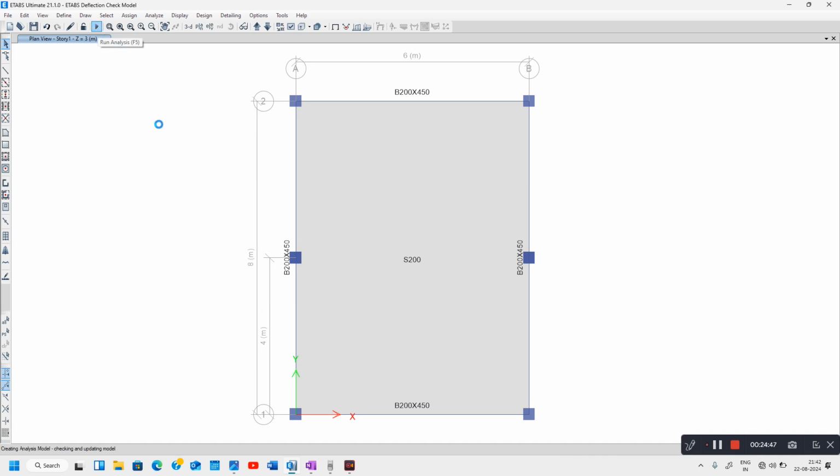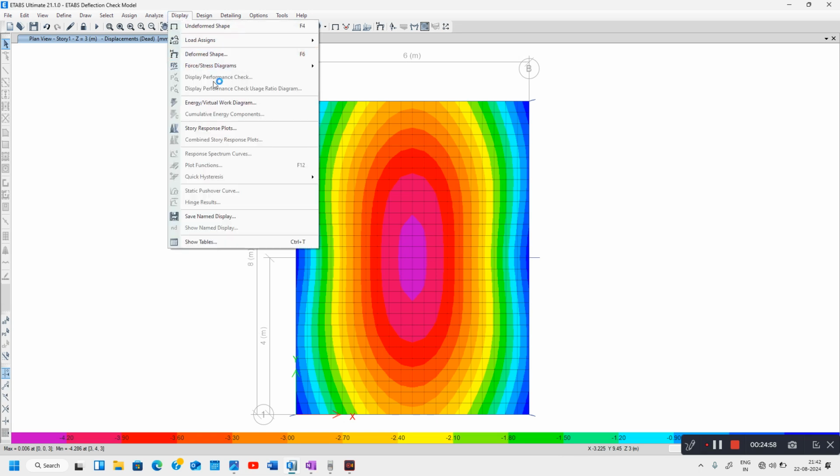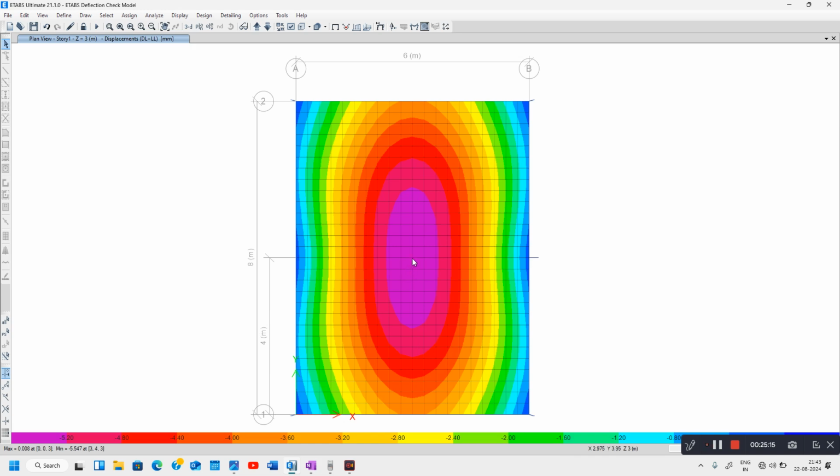Run analysis. Go to display, deformed shape. In combination, select dead load, live load. Show contours, that is UZ, apply, OK. Now see the deflection. It is decreased to minus 5.54.